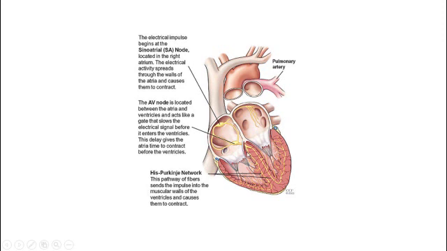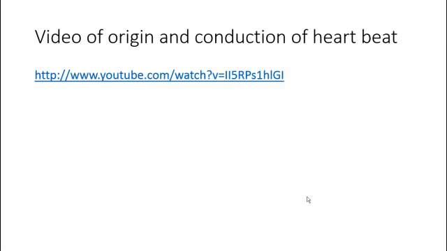You have your action potential occurring through the bundle of His, then to the left and the right bundle branches, finally into the Purkinje fibers. Then that's what's going to carry the contraction to the muscular walls of the ventricles. They'll contract for systole. Again, a little video here for you to look at and just to review what we just talked about in a little bit more dynamic way.